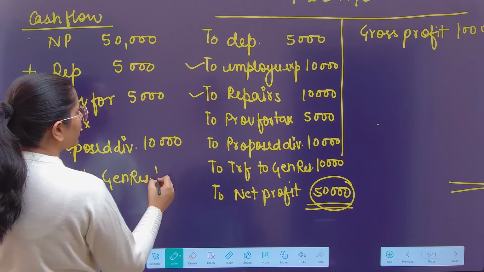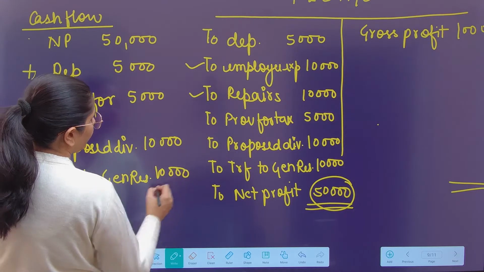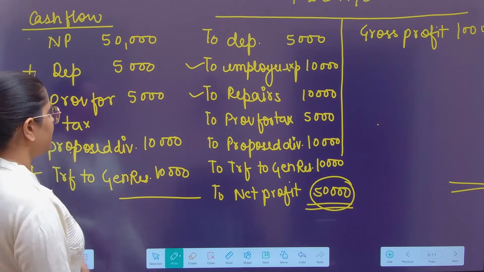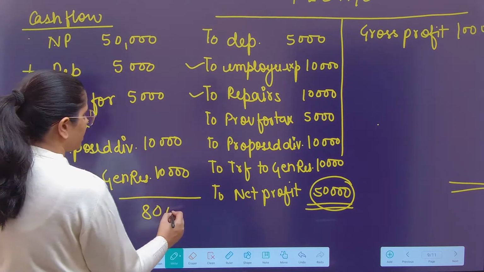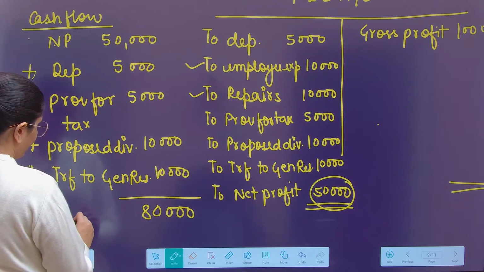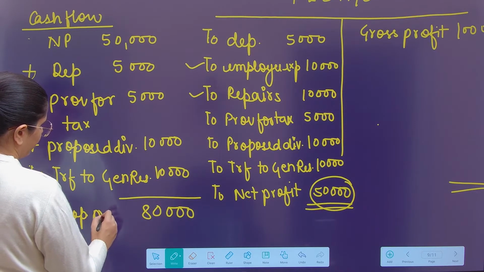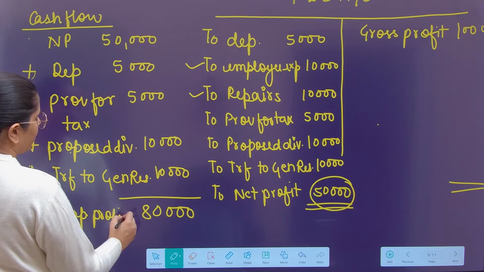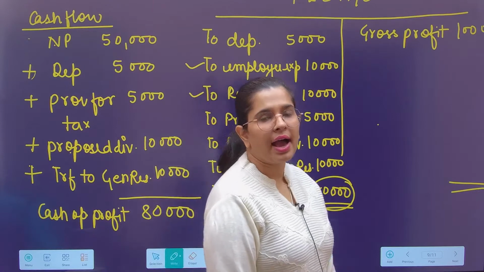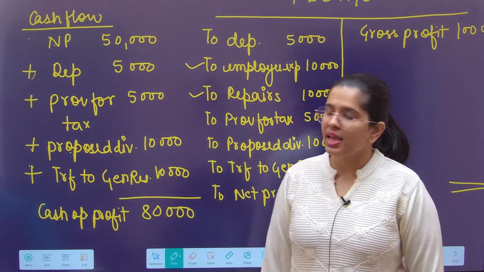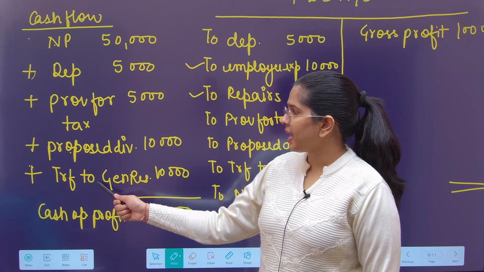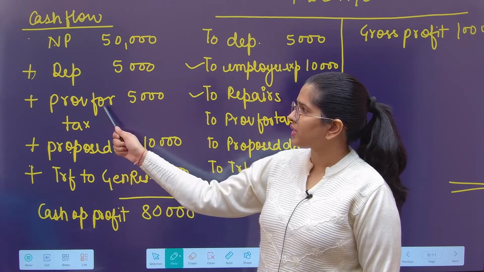But I want to know the cash amount of profit I have earned. So 50,000, 60, 70, 80. 80,000 is my cash operating profit. What I did was I removed all non-cash items. And see, this is no expense in cash, no expense in cash, no expense in cash.